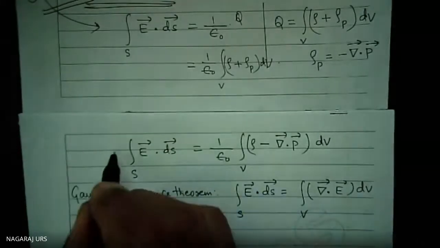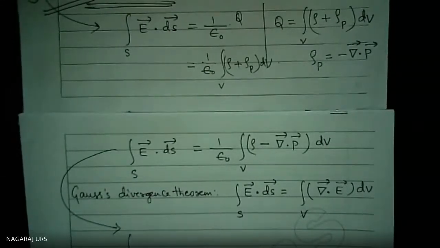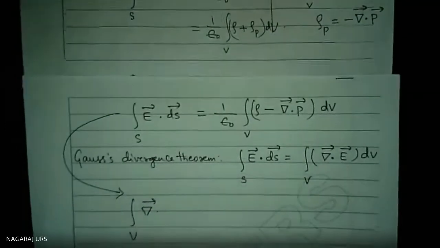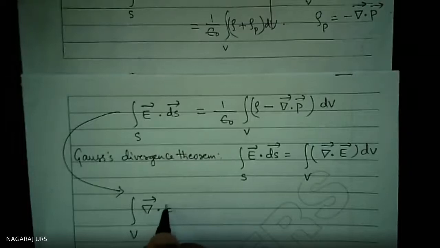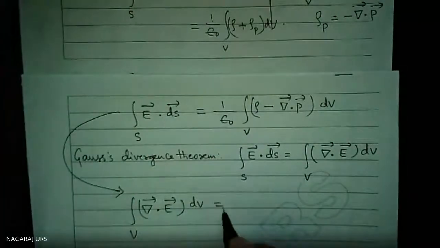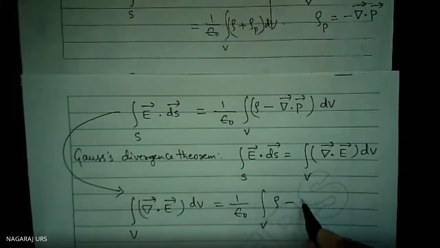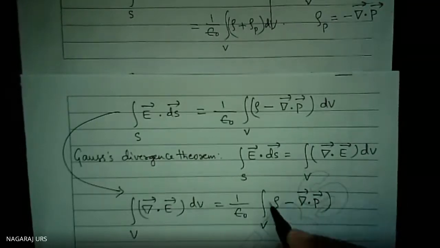Substitute this value here. Therefore, the volume integral of del dot E dV is equal to 1 by epsilon naught volume integral of rho minus del dot P into dV.